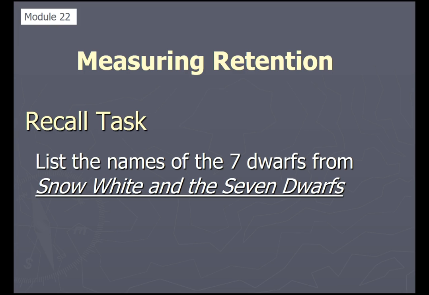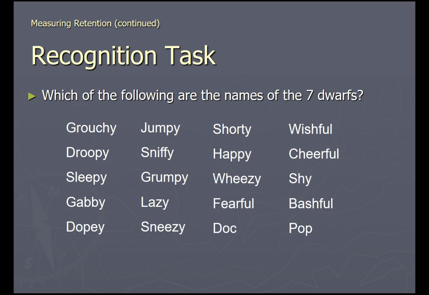And recognition tasks tend to be easier because you're provided information, and then you just have to look at that information or check that information and see if it's something that you have stored in memory. So that would be equivalent to like a multiple choice test, which students generally like multiple choice tests.